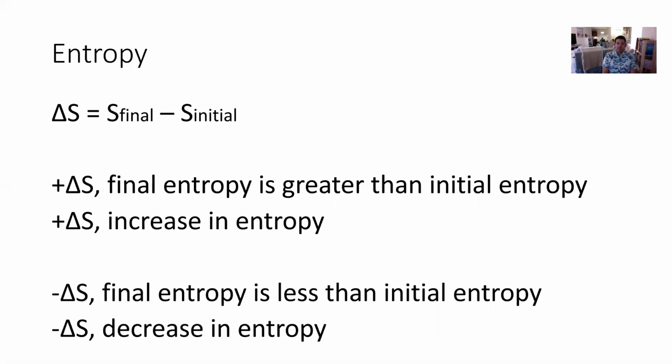Now, a negative delta S means that the final entropy is less than the initial entropy. So a negative delta S means a decrease in entropy. That means that we have moved towards having less disorder, less randomness. So we organize something, we put something together. Last night, me and my wife were working on building a Lego creation.